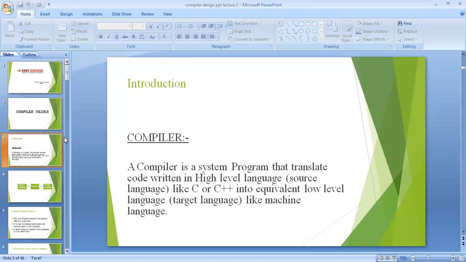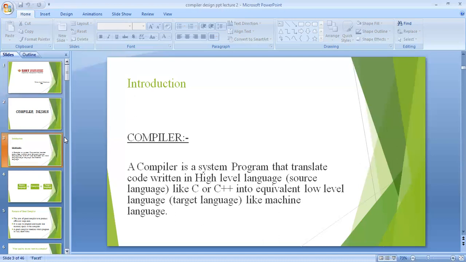That's why we have to translate our high-level language into machine language, using a compiler. So this is the use of a compiler.